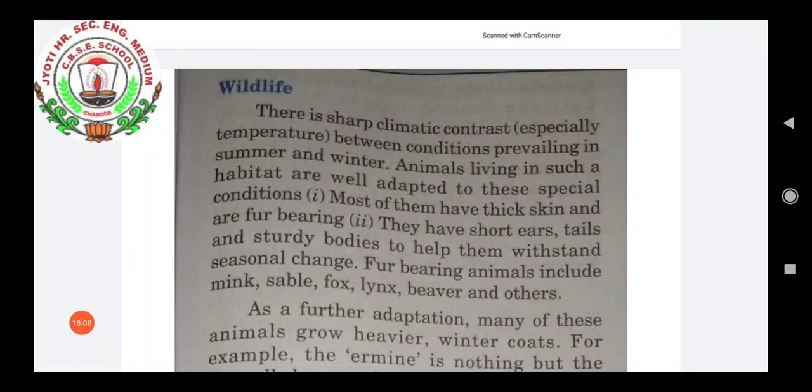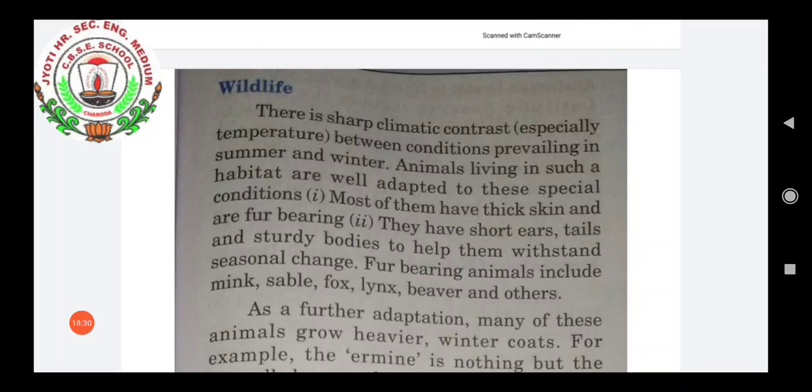Now there is a very sharp climatic contrast, especially in temperatures, between the conditions that are prevailing in summer and winter. So here the animals which are living are in such a habitat that they can adapt to the special condition.